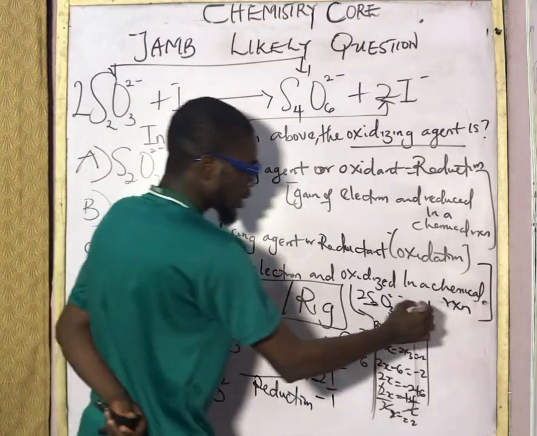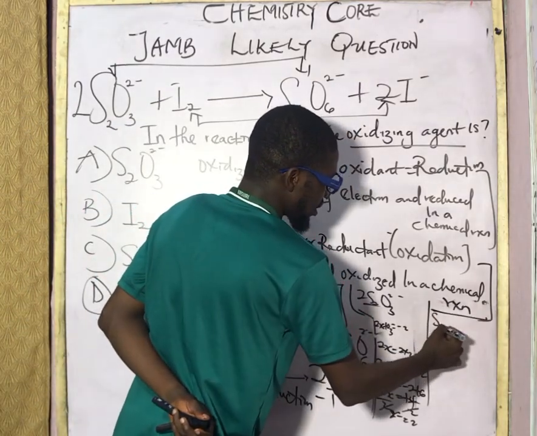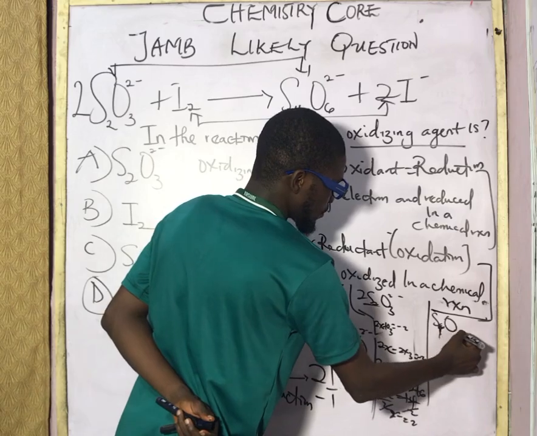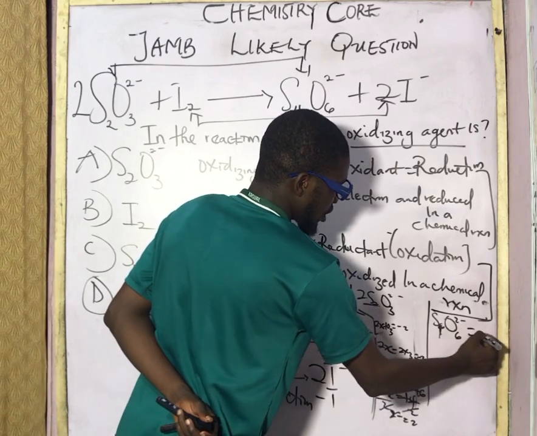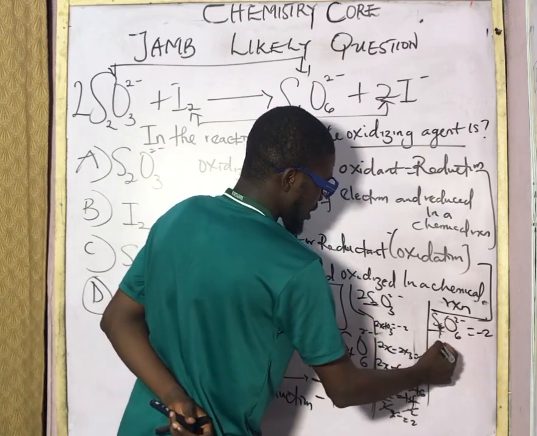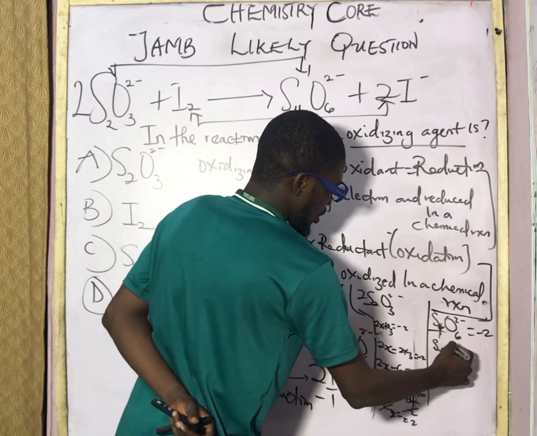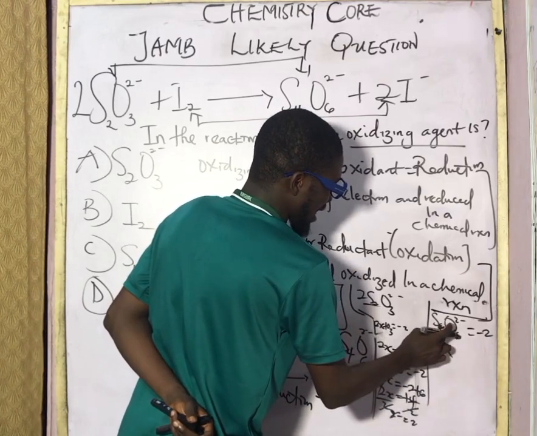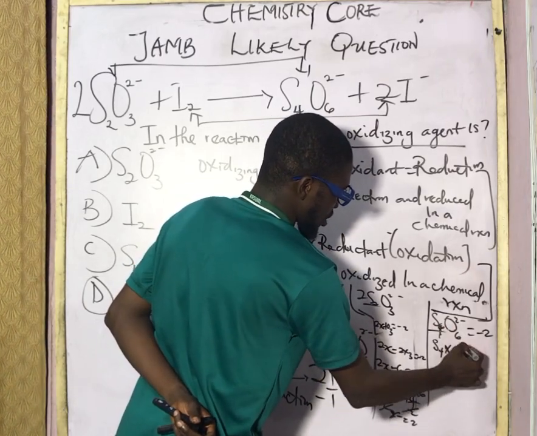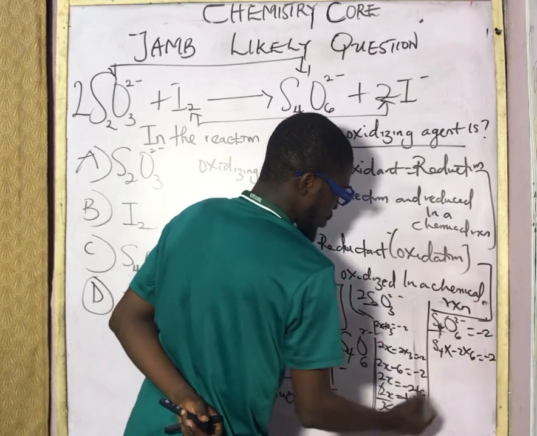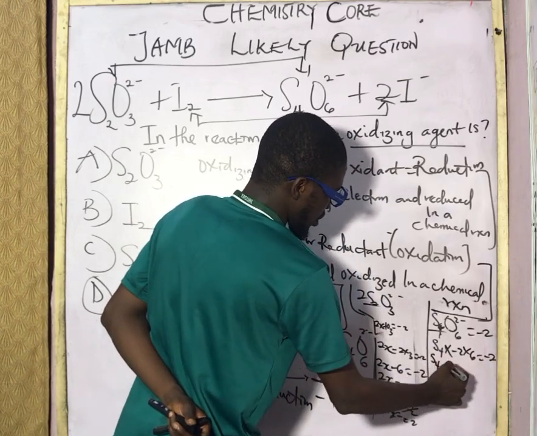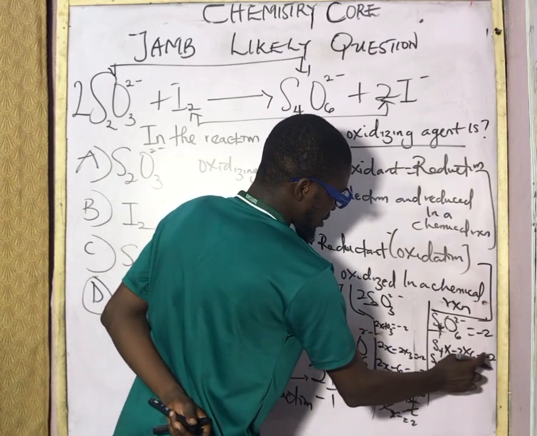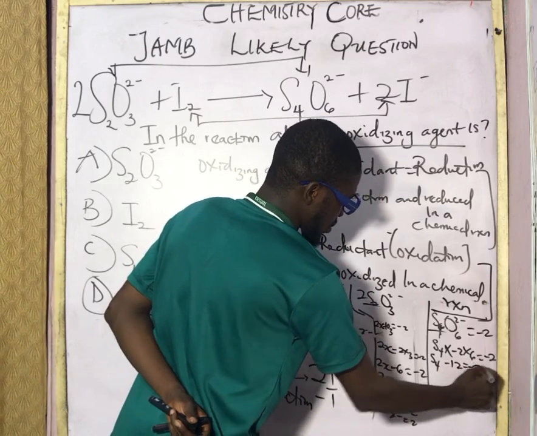Now, for the second one, I have this equal to minus 2. I have S4 multiplied by the valence charge of oxygen, minus 2 times the 6 oxygens, is equal to minus 2. So this gives us minus 12. 4x minus 12 is equal to minus 2.